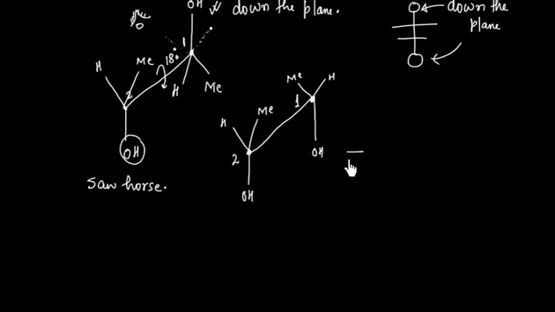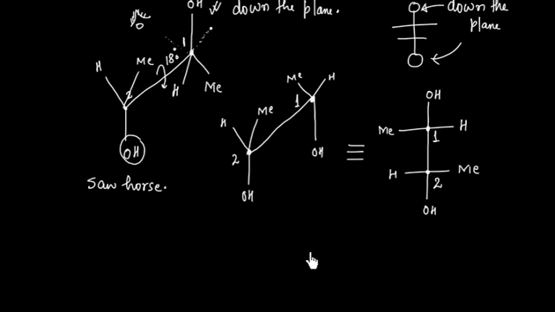Now we can convert this formula into Fischer projection. So this carbon is carbon number 1 and this carbon is carbon number 2. Now on carbon number 1 we have the OH group downside. So this OH is downside. The methyl group we have on the left side and hydrogen on the right side. On carbon number 2, the OH group we have at the bottom, hydrogen on the left side and methyl on the right side.